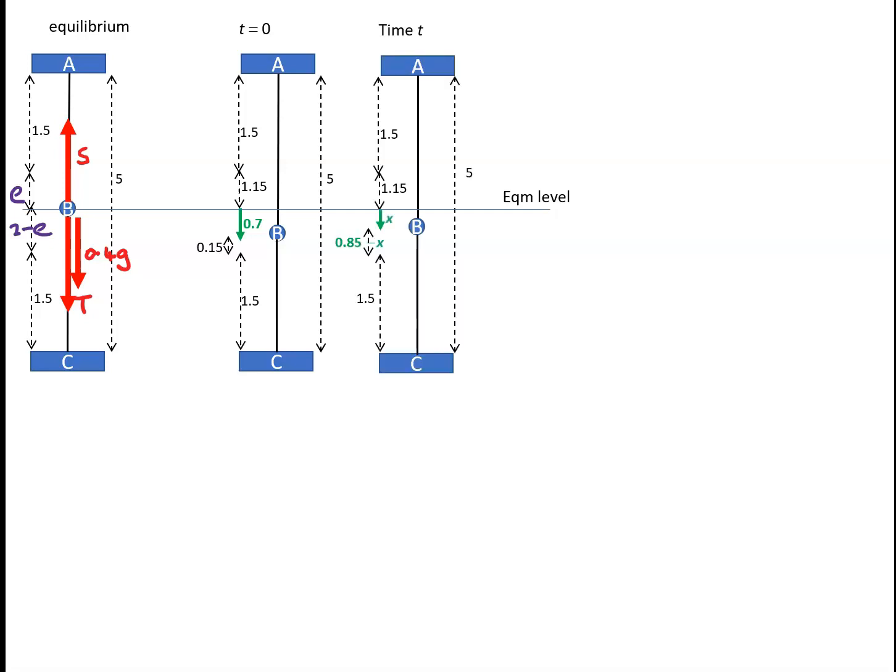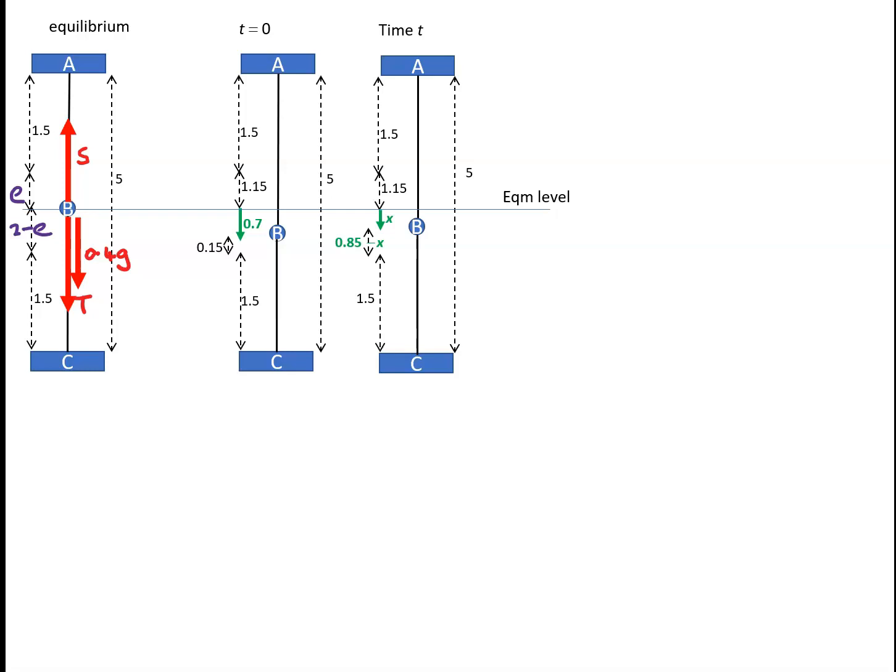And we're going to release it from rest in that position. And then at time t, we're going to suppose that the point B, or the mass P, the particle P, is x meters below the equilibrium point.